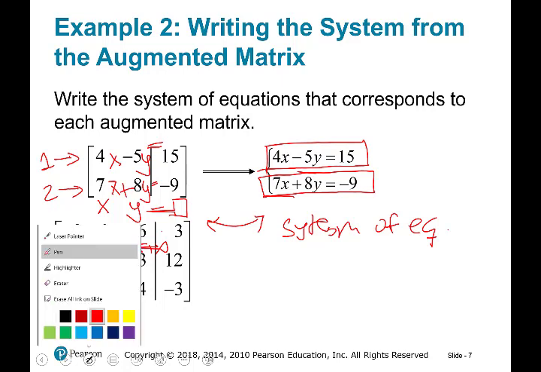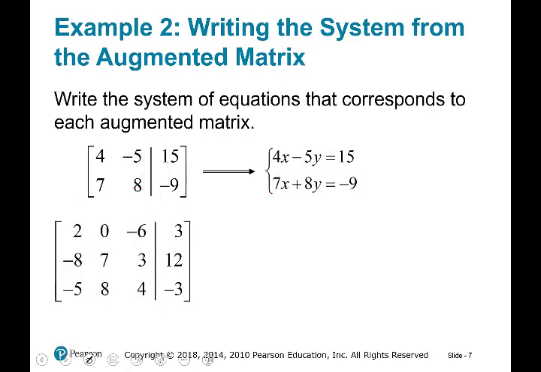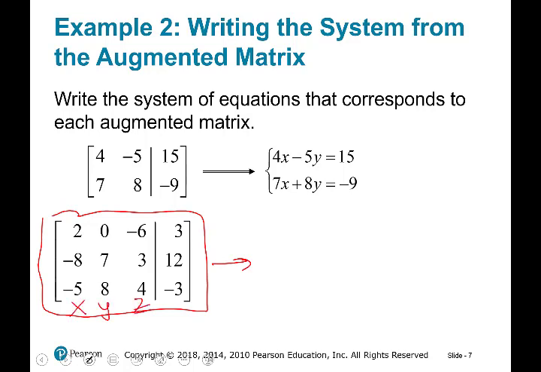Here we have another system, an augmented matrix. Again, writing this in equations. Here we have x, y, and z, and these are the operations. So the first one will be 2x plus 0y minus 6z equal to 3. You can get rid of this 0y, we don't need it there.